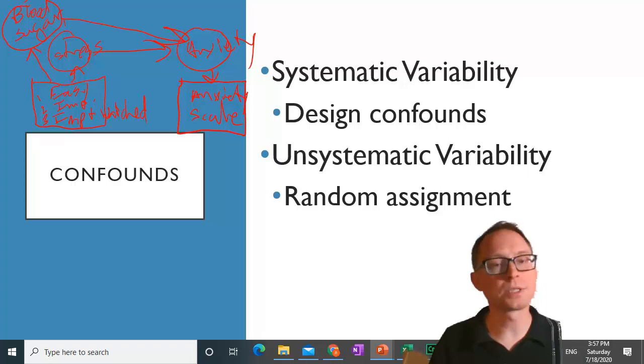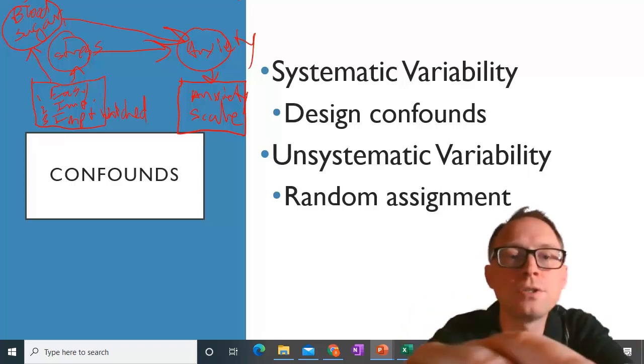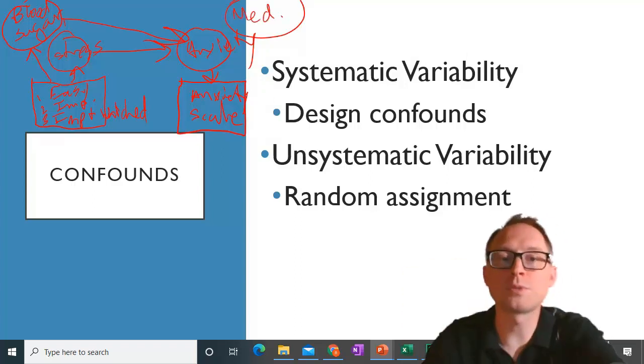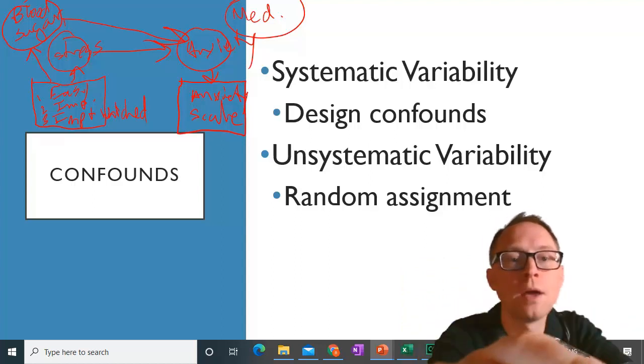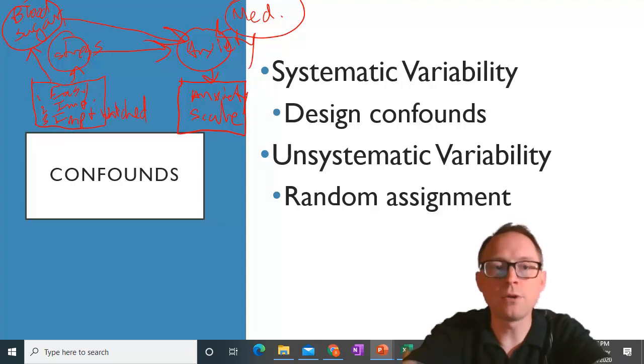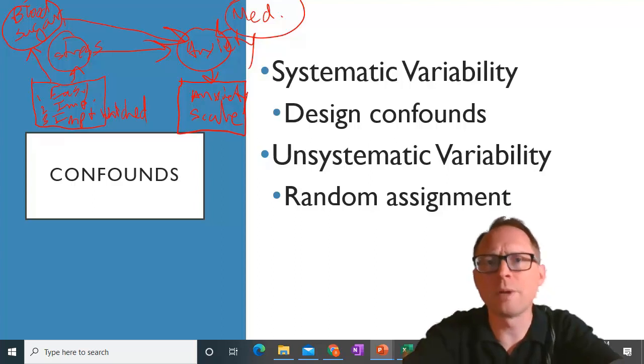Unsystematic variability is something different. Unsystematic variability has to do with other variables that are out there. So, for example, medication, right? Some of your participants might be on medication, and those medications might affect their anxiety. Now, notice that it's not the way that you did your manipulation. There's nothing in your study that changed whether or not somebody has a different medication.